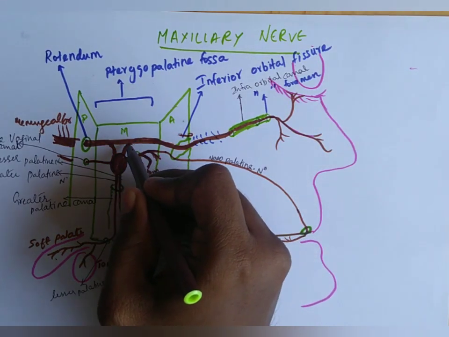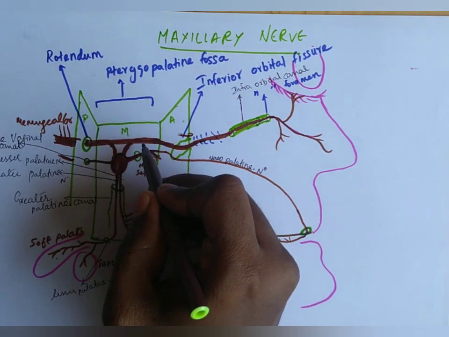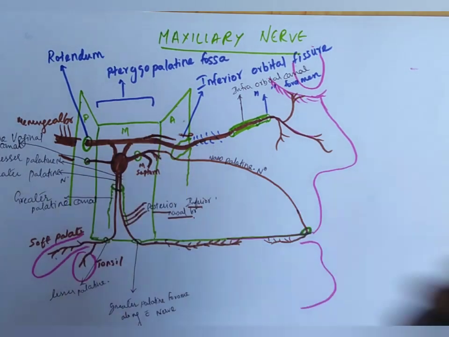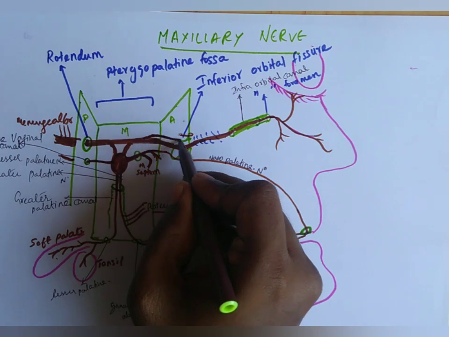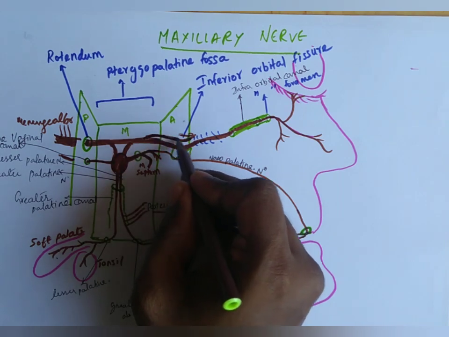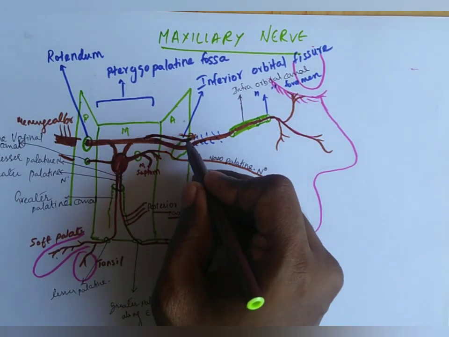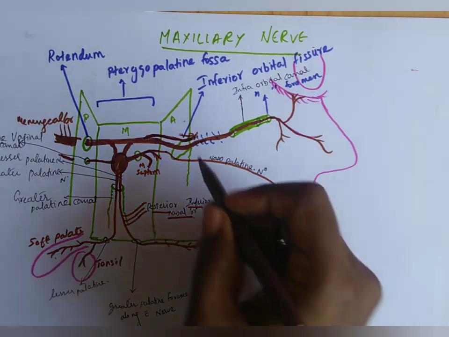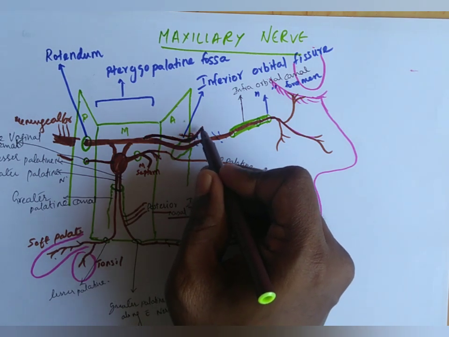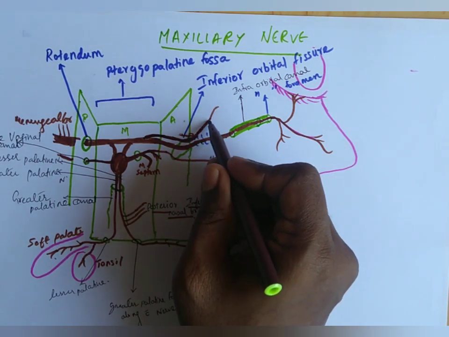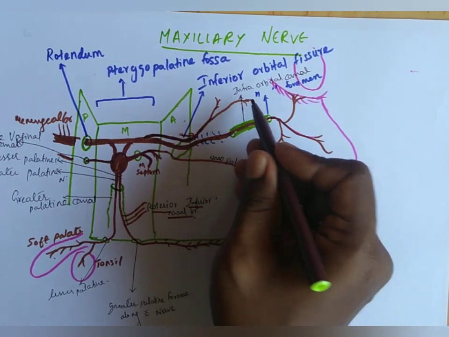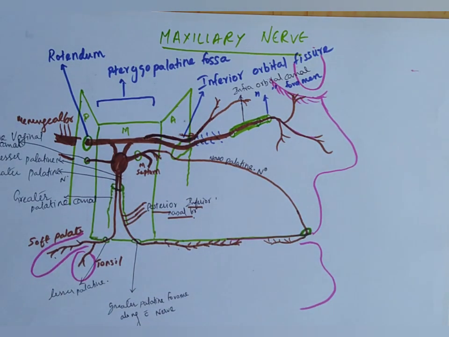The branches which come after the ganglionic branches are given off: one is the zygomatic branch, which will enter through the inferior orbital fissure, and then it divides into two branches, zygomatico-temporal and zygomatico-facial.